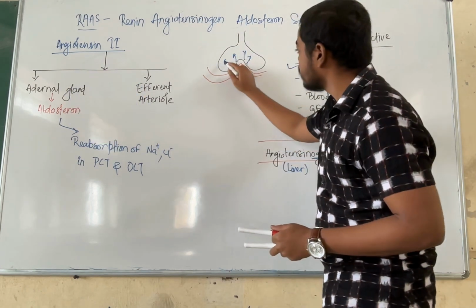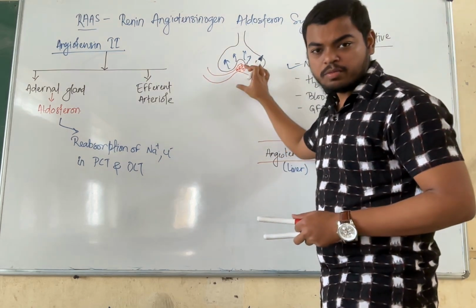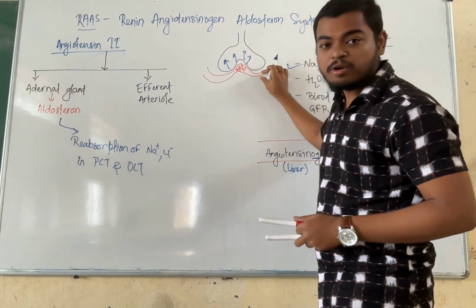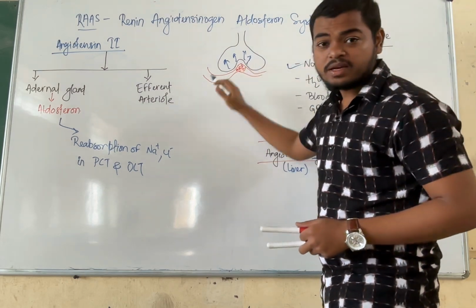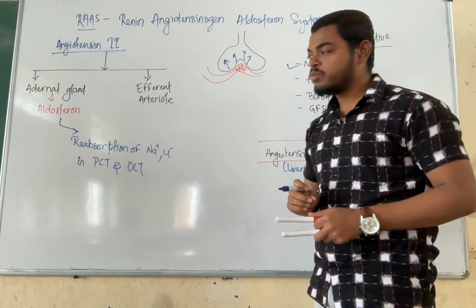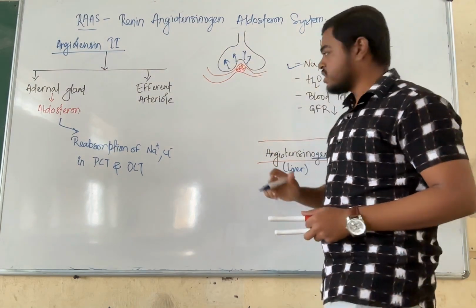That is, more blood will come to the glomerulus, but less blood will flow out from the glomerulus, so pressure is created inside the glomerulus. It leads to a higher filtration rate.